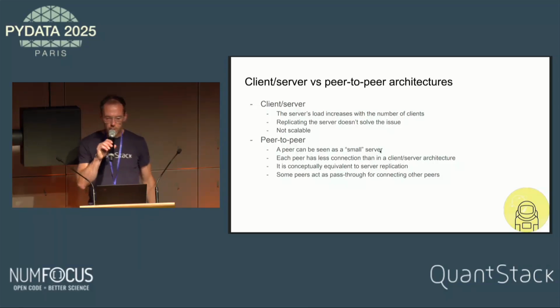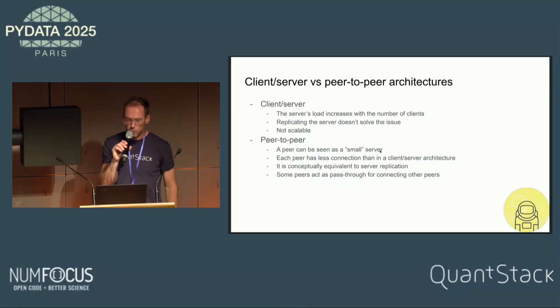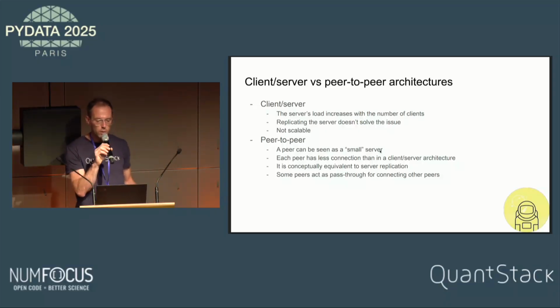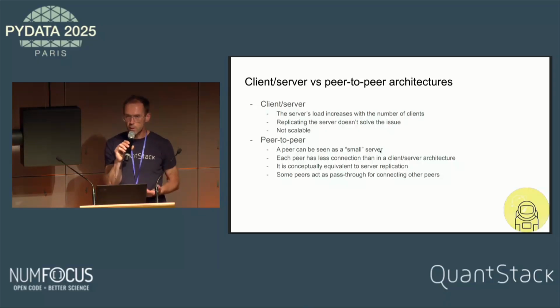Now a comparison of client-server and peer-to-peer architecture. As we saw, the performance was decreasing with the number of peers, and that's because the server carries a lot of burden, as it has to relay all the updates to every client.